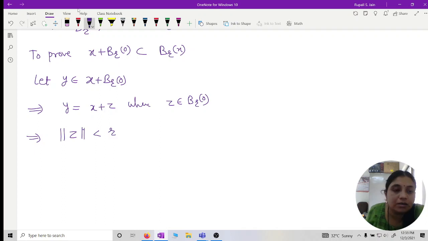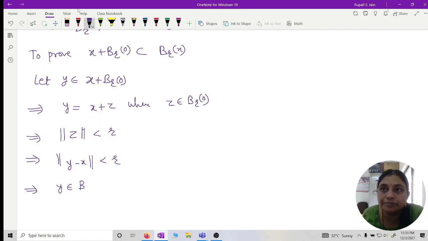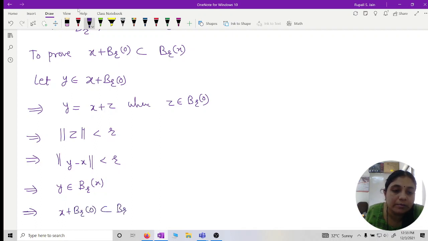Less than R. So this implies norm of y minus x is less than R. So this implies y belongs to where? B_R(x). So this implies x plus B_R(0) is contained in B_R(x). Give number 2.